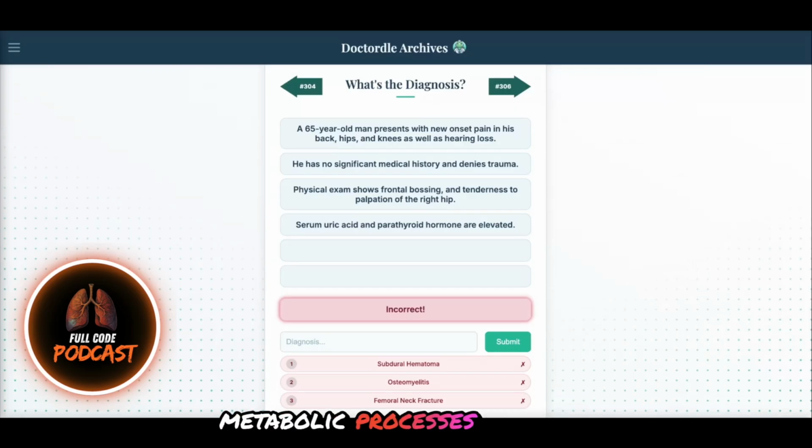There are different metabolic processes ongoing, and especially when you're talking about ones related to osteoclastic activity, you're going to have elevations in your serum uric acid. And if there's a process that is driving a need for some type of augmentation of the flow of calcium, then you can have elevated PTH or a secondary hyperparathyroidism.